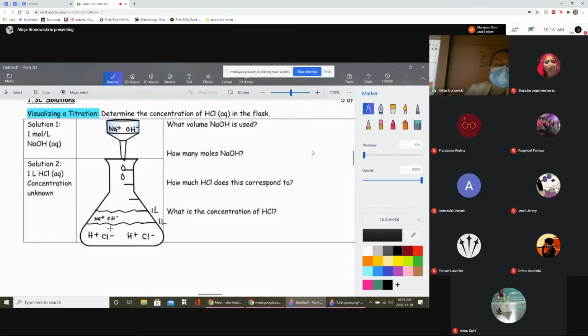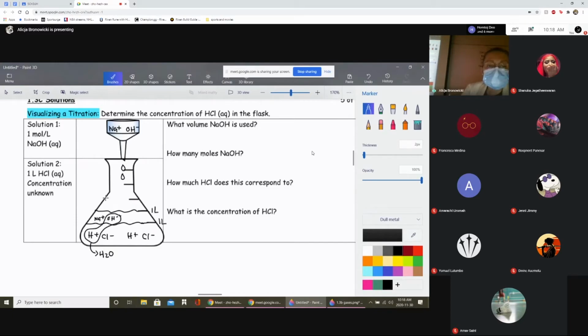So I drip in a liter of sodium hydroxide. Here, my hydroxide reacts with my acid, forming water. So I've neutralized a little bit of my acid, but I still have some H+, right?